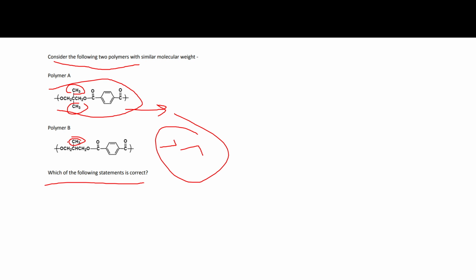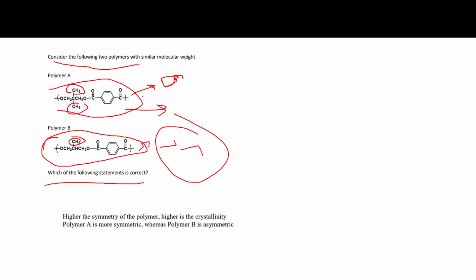So polymer B does not pack better, and polymer A has better packing. So polymer A is a more rigid structure, while polymer B is a little more flexible. So polymer B is thermally less stable as compared to polymer A.